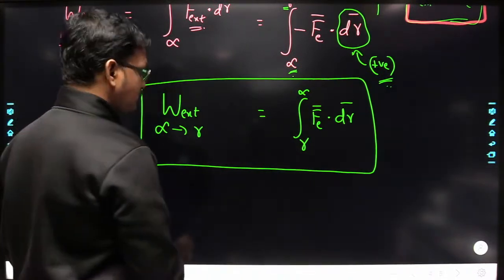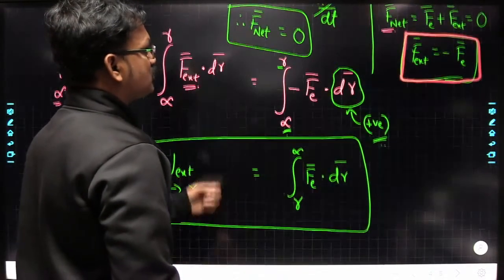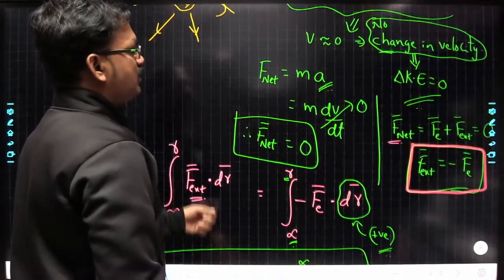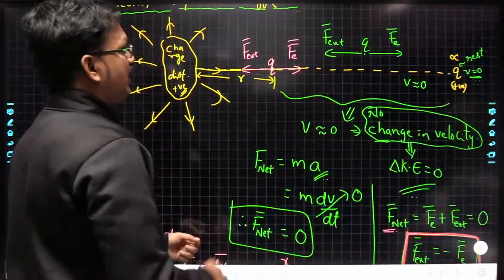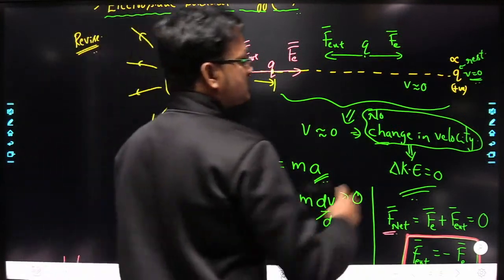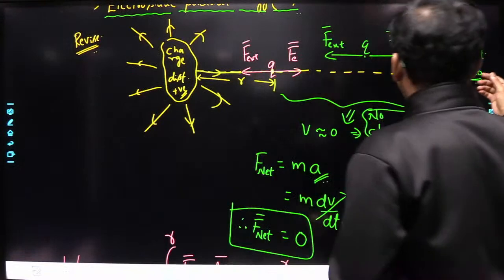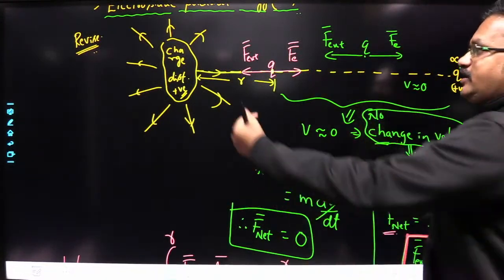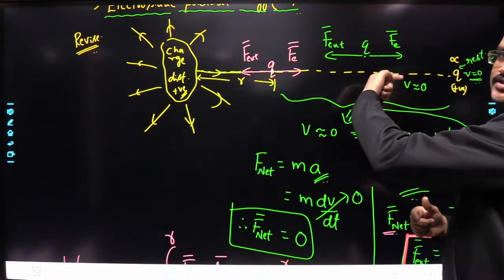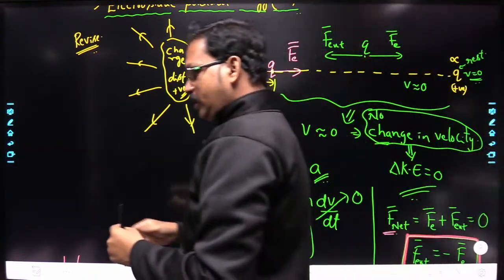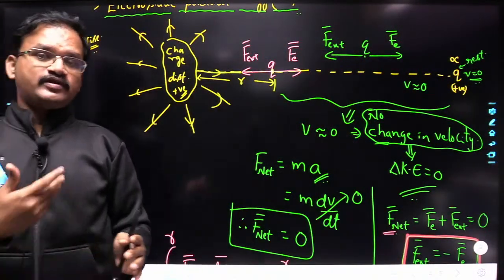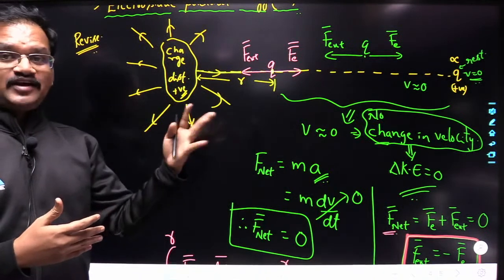Now similarly we can determine the work done by the electric field force while moving the charge from infinity to this location. Whenever the charge is moving in this direction, the electrical field force is acting in this direction. I have told everything by analogy with respect to the gravitational field force.